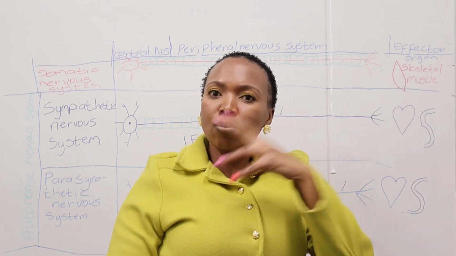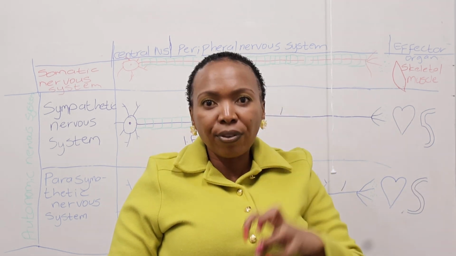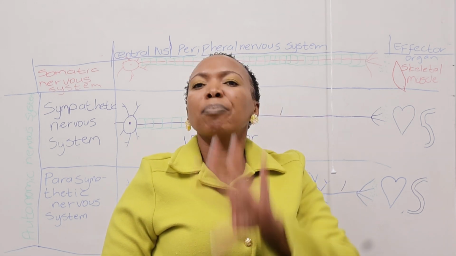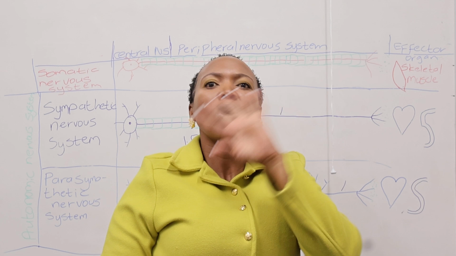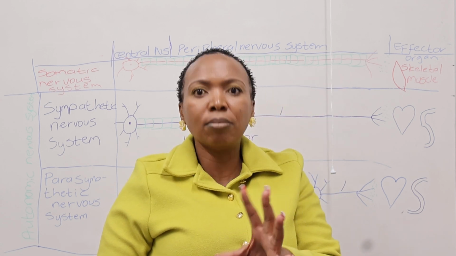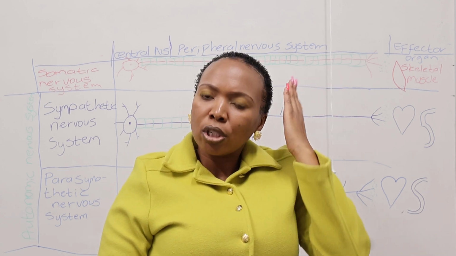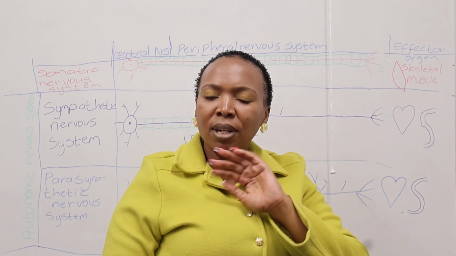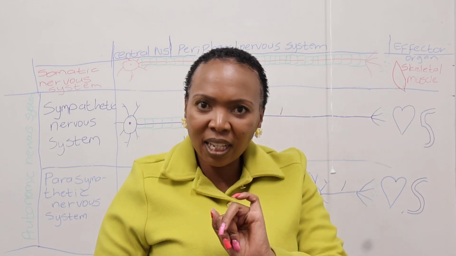Remember, we find the smooth muscles in different parts, in the hollow organs of the digestive system, of the urinary system, of the reproductive system. So all the smooth muscles and the cardiac muscles, obviously the cardiac muscles are only found around the heart.